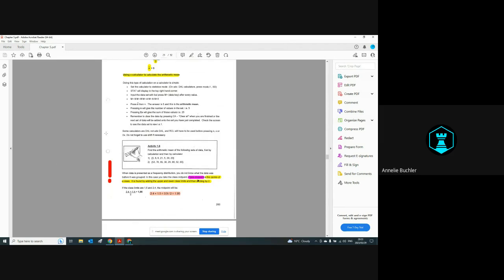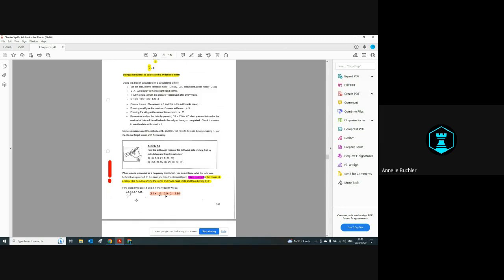A class midpoint is the center of a class. It's found by adding the upper and lower class limits and then dividing by 2. In this example, 2.4 plus 1.5 amounts to 3.9.